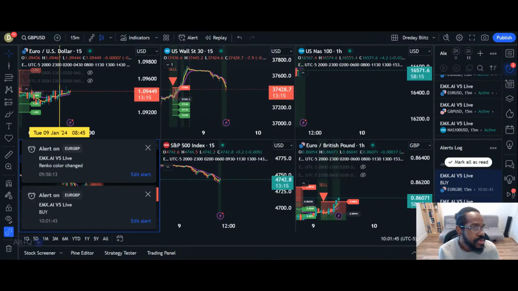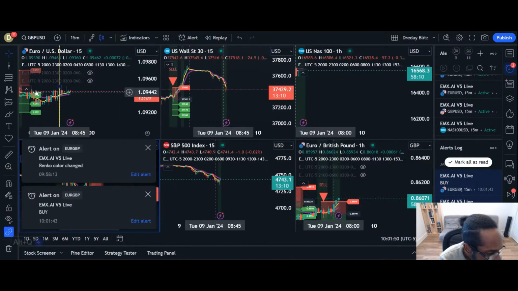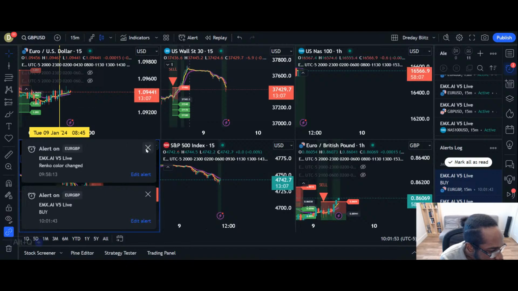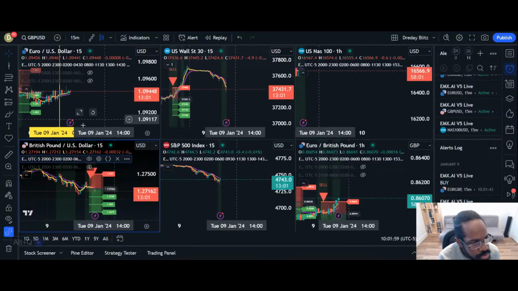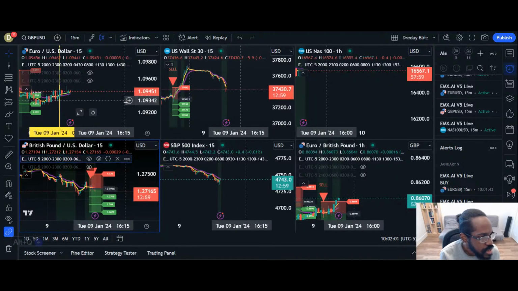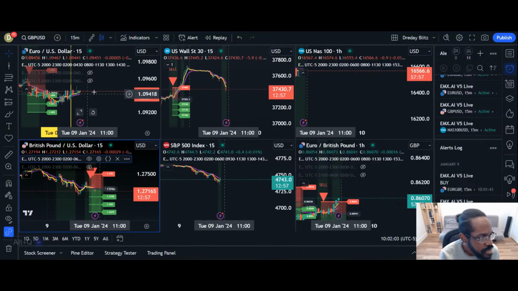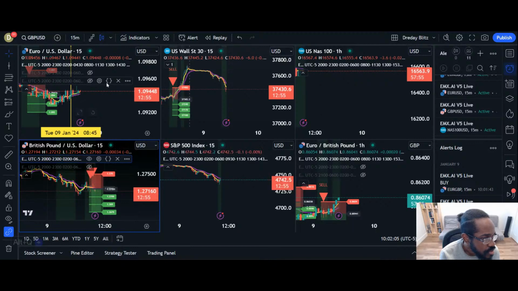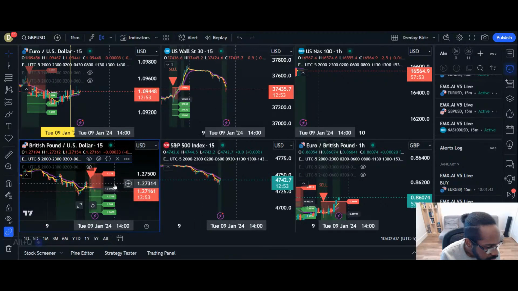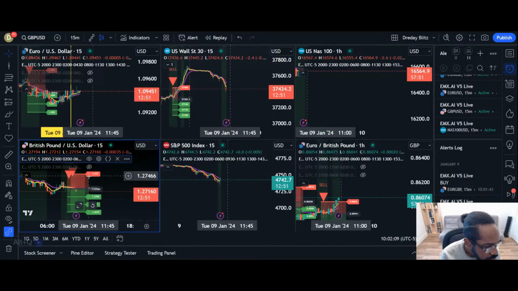All right, so let's go back. We're going to call a change on EURGBP. So right now we have a buy on EURGBP. That's what I told you guys. If you wanted a sell setup, Leon, hopefully you're already out of that sell.